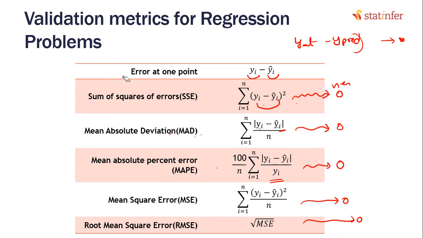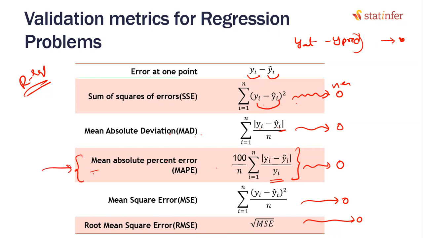So the most widely used one, if you ask me, is the one a lot of people use. If somebody asks you, apart from R square, what other validation measure you would use to check whether your model is doing a good job or not, you should mention mean absolute percentage error.